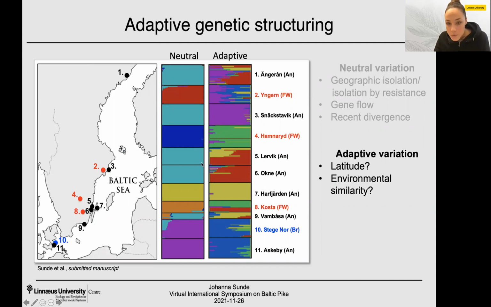So for example, we have Hamnarid and Kosta, which are both freshwater populations, and they were highly neutrally differentiated from each other, but they share almost entirely this green adaptive genetic cluster, which indicates convergent evolution, so that they have evolved adaptations to similar environmental conditions despite being reproductively separated. So it looks like latitude or some environmental similarity might be of importance.